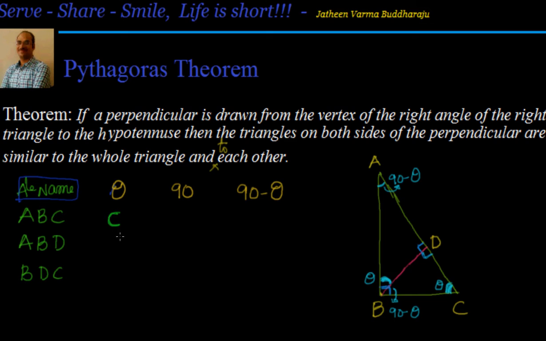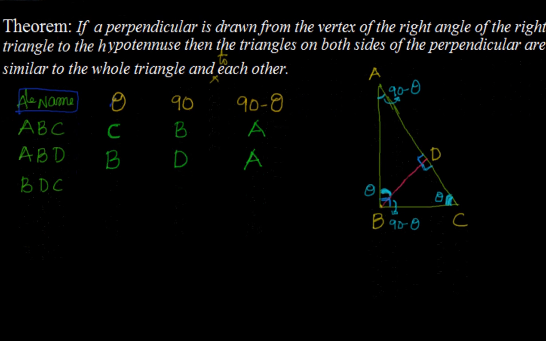At C, angle C is theta, and 90 degrees I have at B. So angle B is 90 degrees in ABC and 90 minus theta is at A. If I take ABD, where I have theta at B and I have 90 degrees at D and I have 90 minus theta at A. So you can see in these two triangles, angle A is common, and you can also see that both of them are equal to 90 degrees. So you can say they are similar to each other.